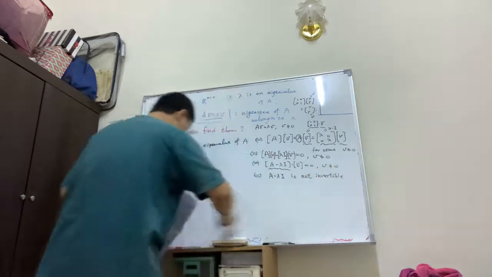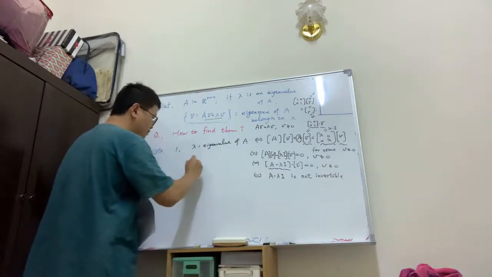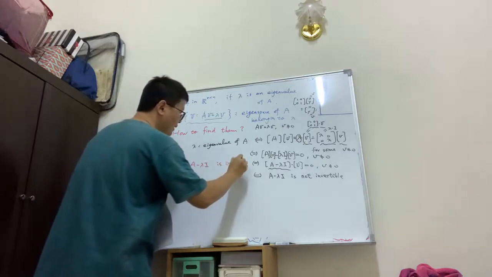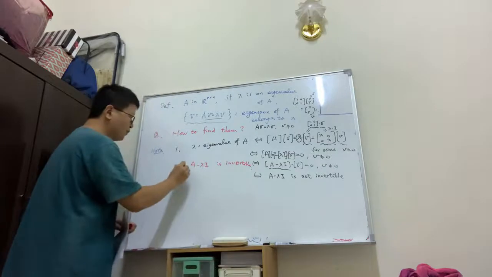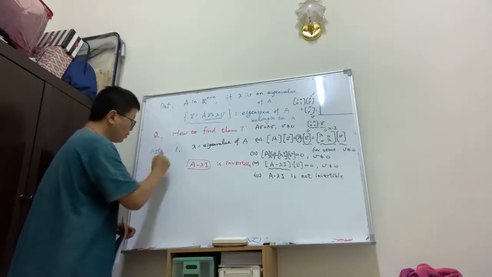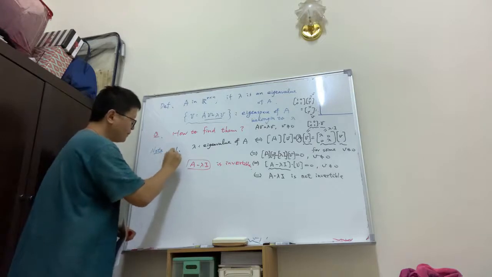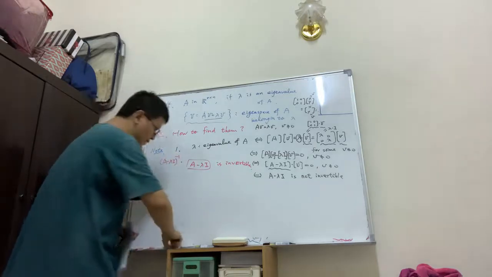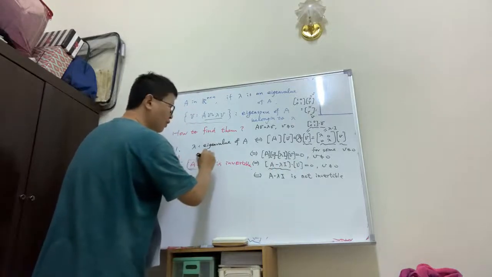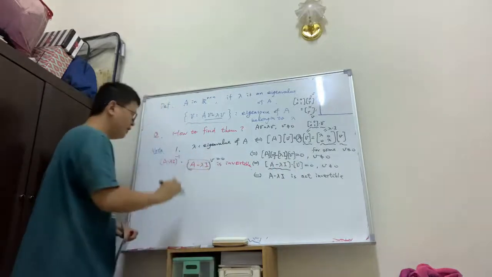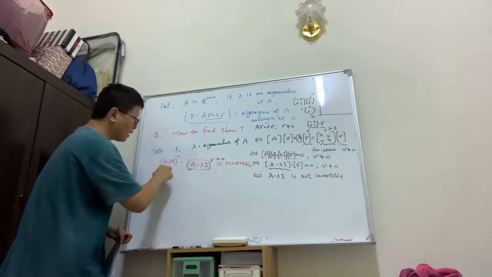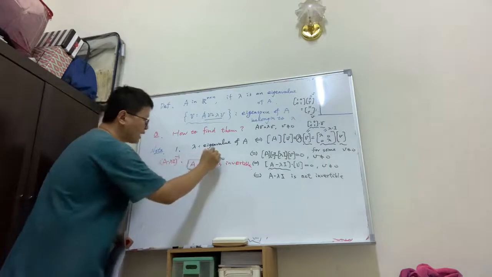The reason is that if A subtract lambda I is invertible, we could multiply by its inverse. The equation is (A minus lambda I) v equals 0. We multiply by its inverse on both sides.